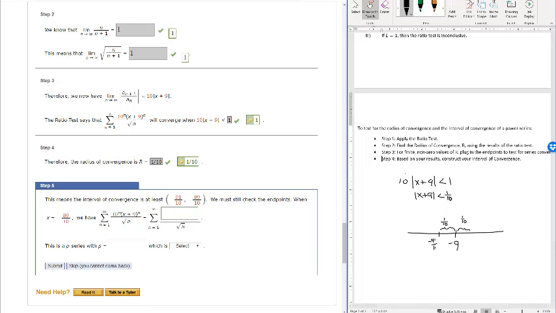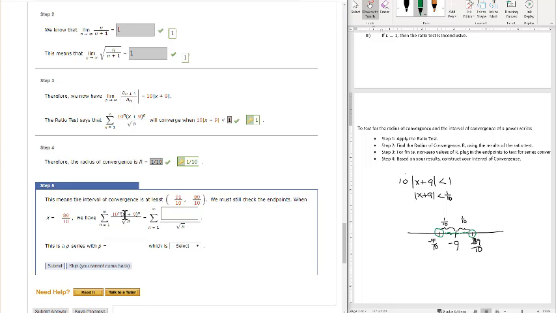These are endpoints, and at this point we have a question: do these converge or not? We have the radius of convergence so far, and the question is, are we going to include the endpoints?